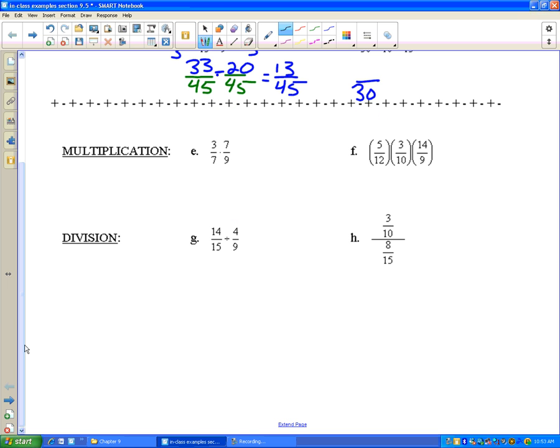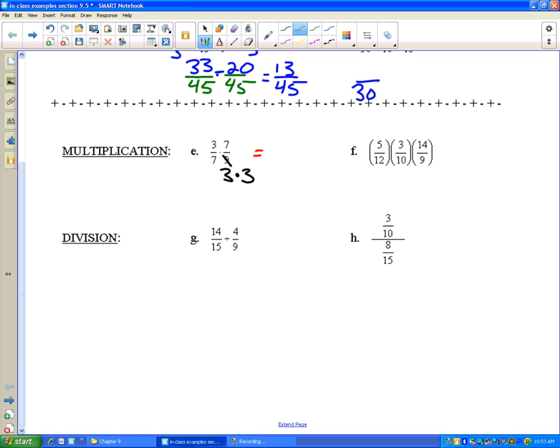Multiplication, again, what I want to do here, since I have multiplication and division in this problem, is cancel out. I want to use what's called a prime factorization. So 3 is just 3 and 1, that's fine. 7 is just 7 and 1, but 9 can be 3 times 3. And so at this point, I want to go ahead and cancel where I can cancel.